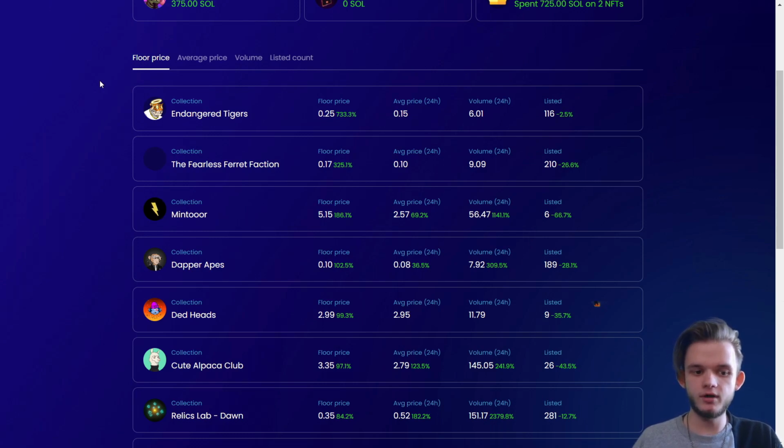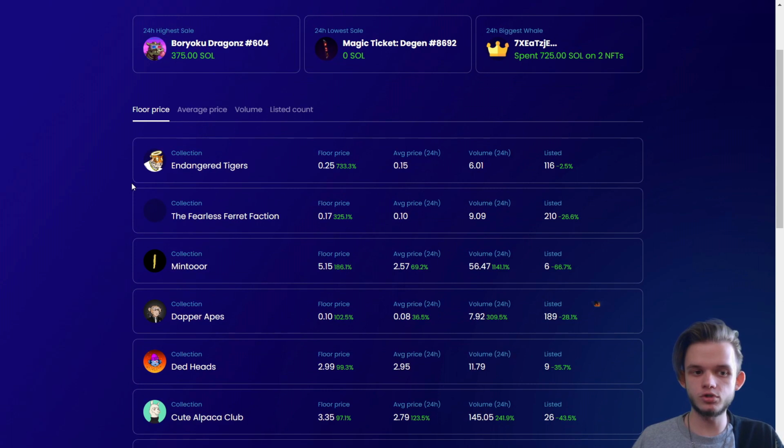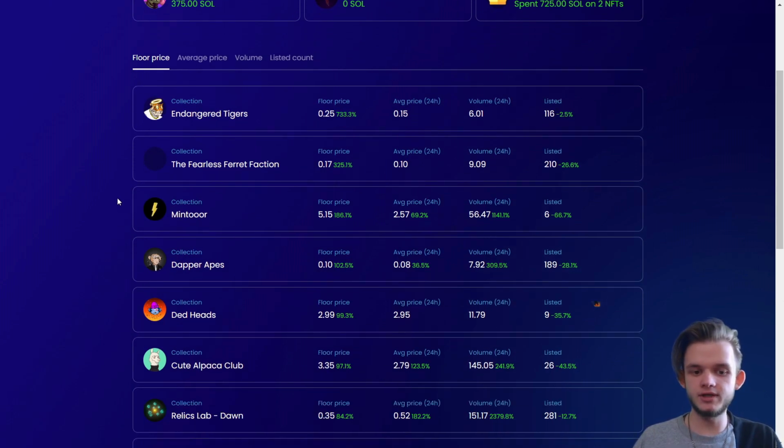If all the conditions are met, so the floor is going up a bit, for example, volume is growing, total listings are going down, you just buy it, and of course you can check their socials and all their fundamentals and stuff like that.